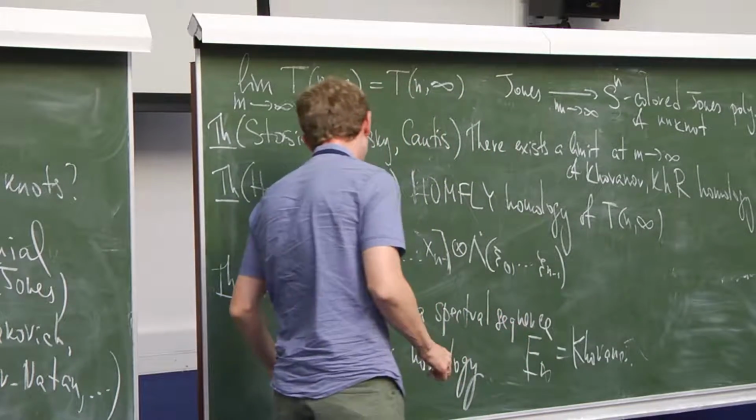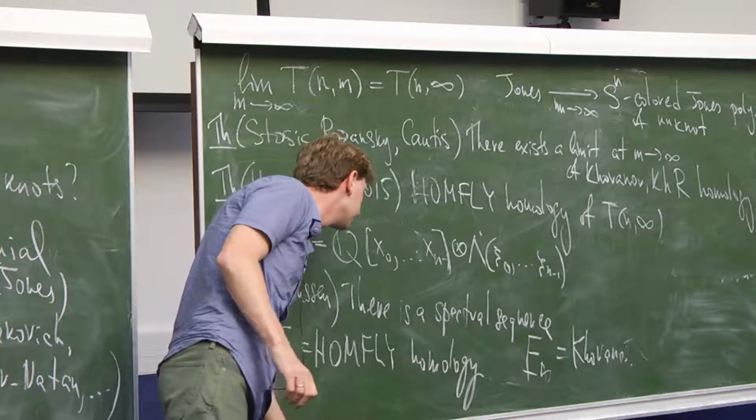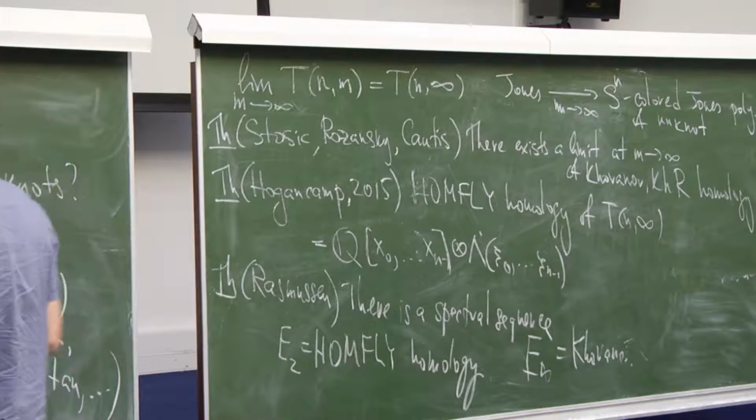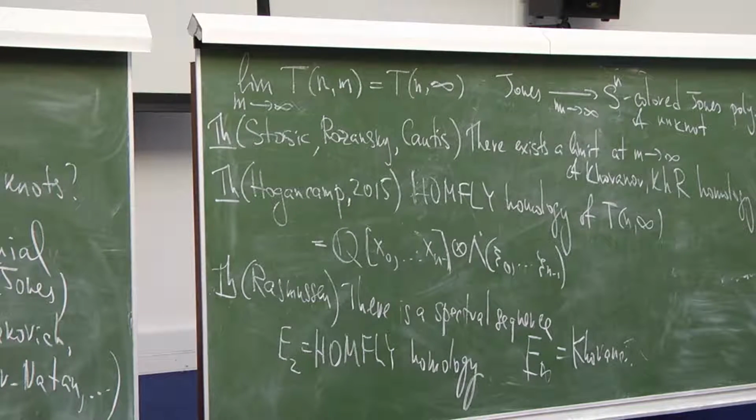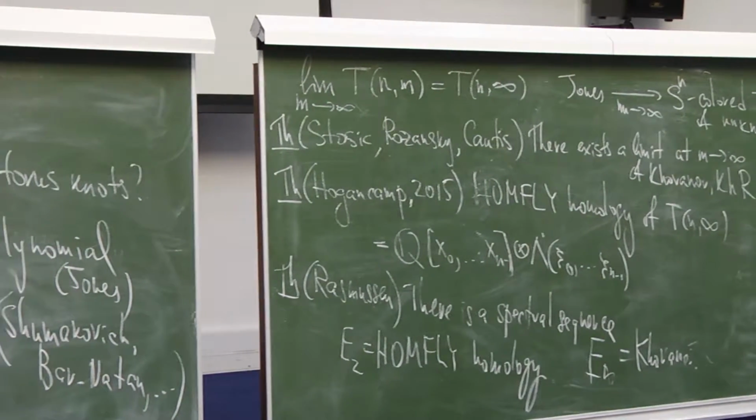So for any knot there is such a spectral sequence. Sometimes it's possible to compute it, most of the time it's hard to compute it. But in this limiting case we had a conjecture on how to describe it.